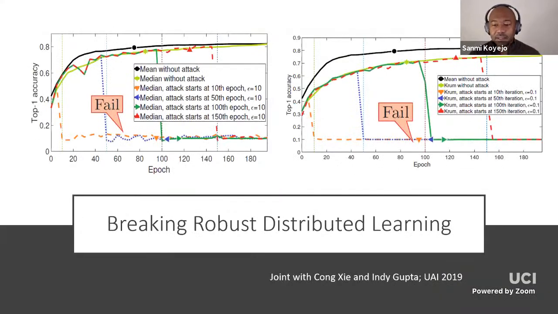To highlight the example, I invite you to take a look at our paper in UAI two years ago, where we look at some of the existing aggregation methods and show this particular failure mode, where I can construct attacks that pass the filter and pass all the theory that exists for these methods in terms of getting robust estimates, being close in terms of average, but actually point in the wrong direction, which then leads to failure of the distributed learning procedure.